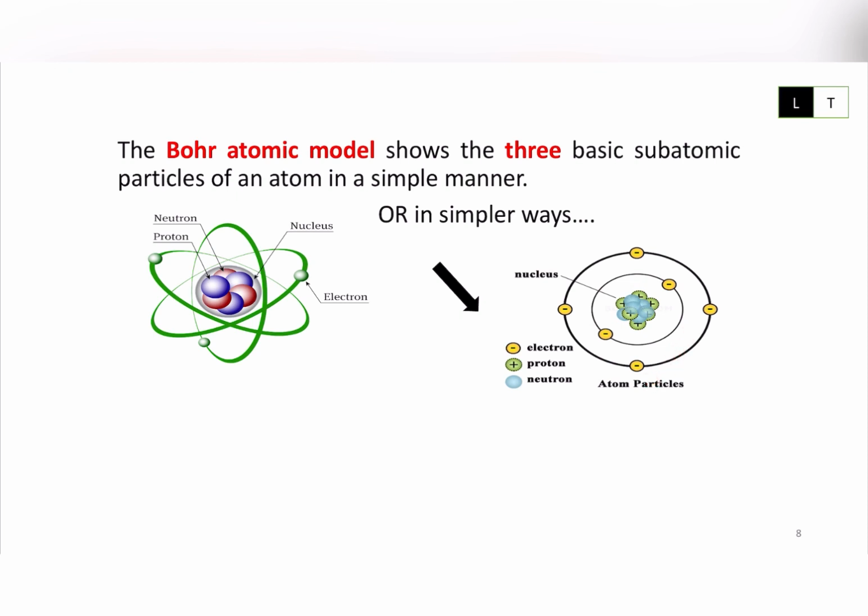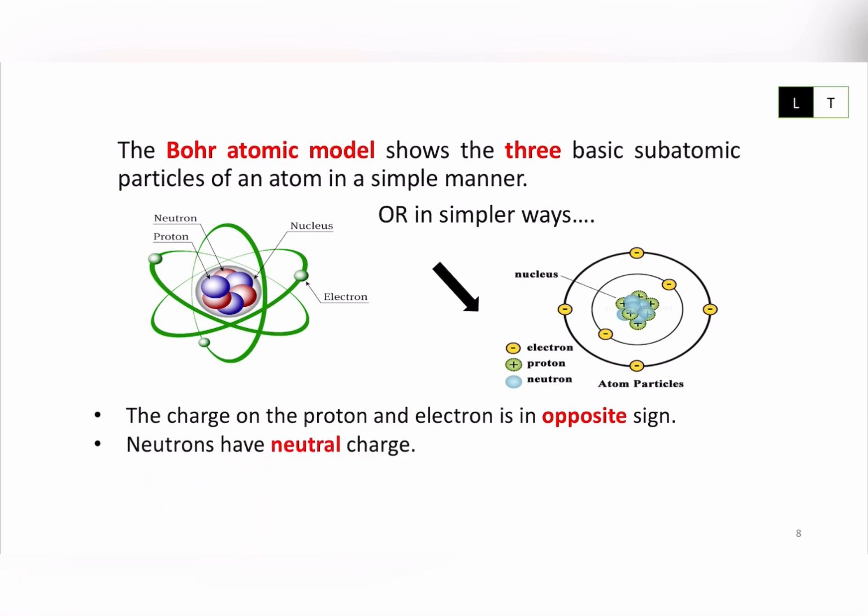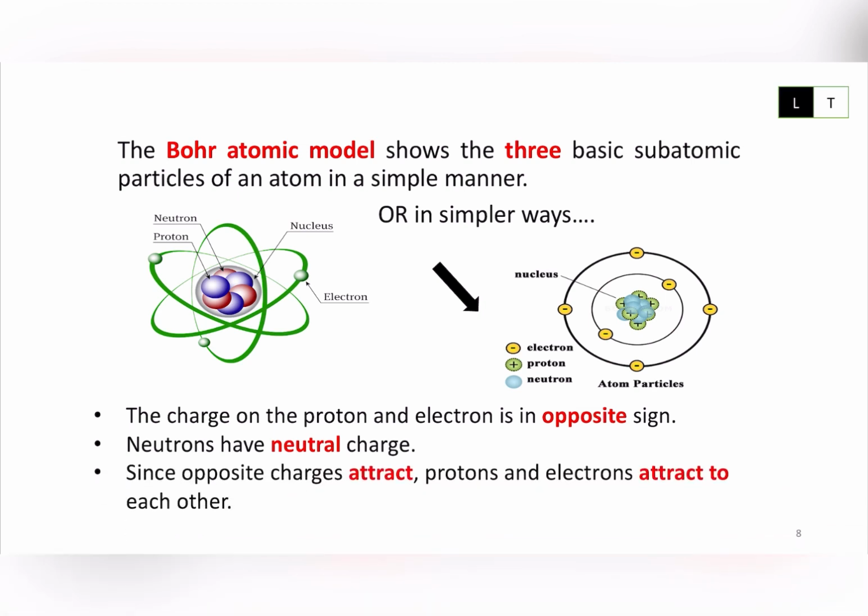You have to understand that the charge of the proton is positive. However, the charge of the electron is negative, so they are opposite signs. Neutrons have neutral charge, which means there is 0 net charge. Since opposite charges attract, protons and electrons attract each other.